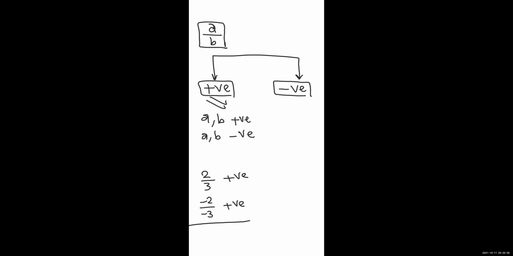A is positive and B is negative, or A is negative and B is positive. I mean the two signs are different, like negative 2 over 3 or 2 over negative 3. In this case, it will be negative, right?